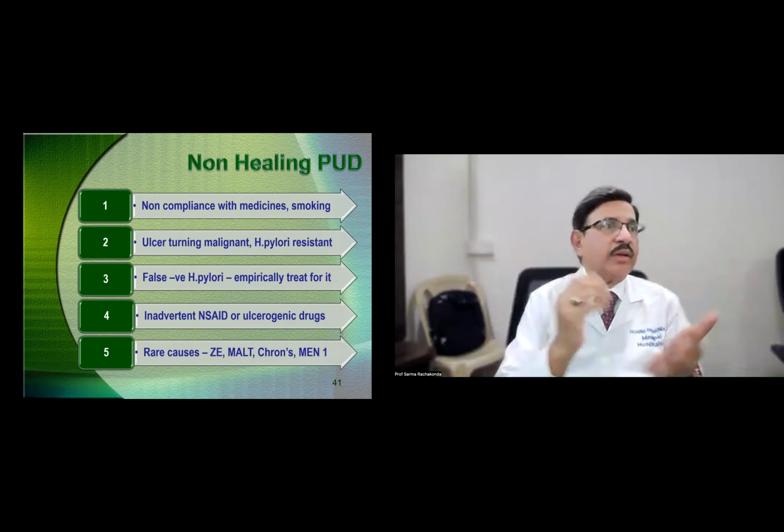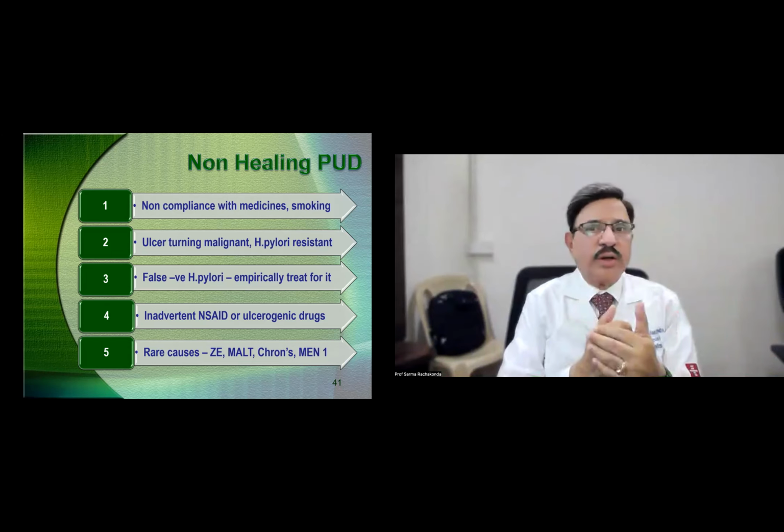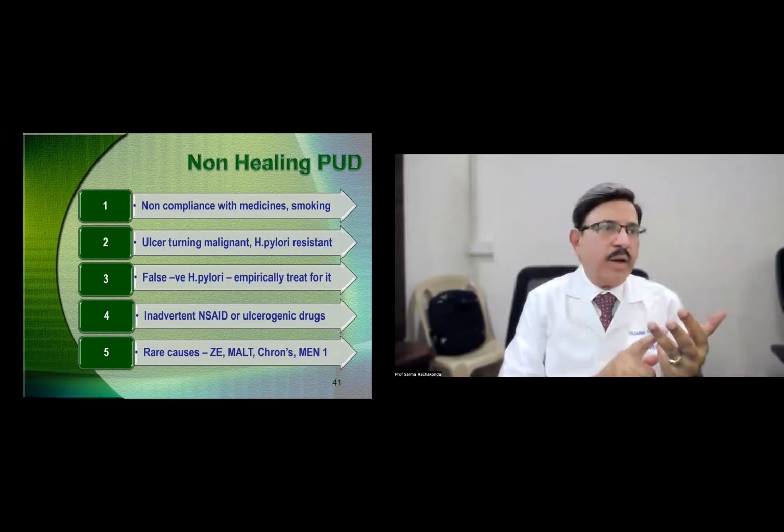Then what are the conditions? You should know. What is non-healing ulcer? A properly identified peptic ulcer, either gastric or duodenal, which is treated for 4 to 8 weeks with full course of anti-ulcer medications, as we know, and we have taken care of H. pylori also. Patient did not respond to the treatment.